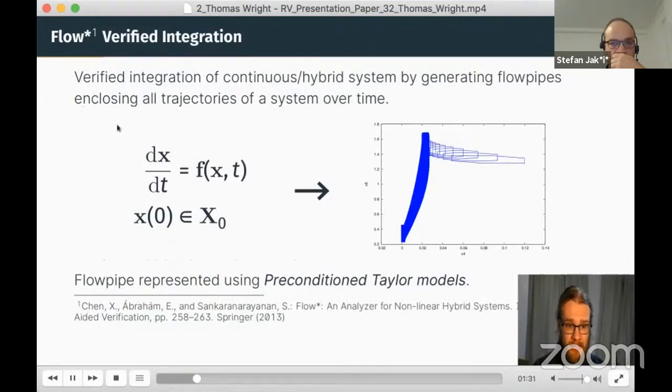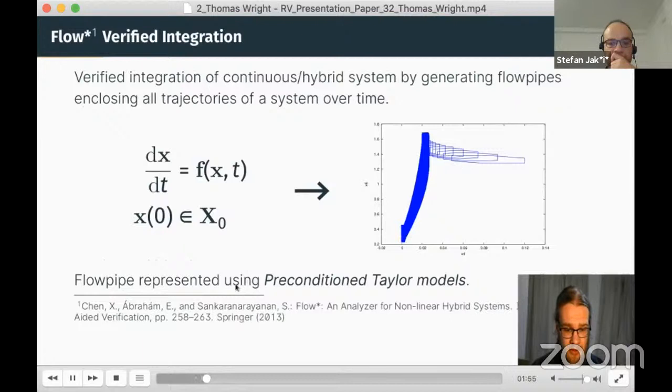FlowStar verification starts off with some model of the system we want to verify. So, for example, we could have this system of differential equations with an uncertain box of initial conditions. Then FlowStar produces a flow pipe which encloses the behavior of this system over time.